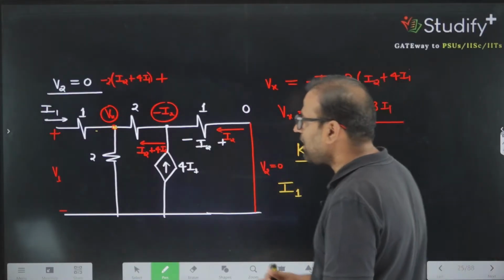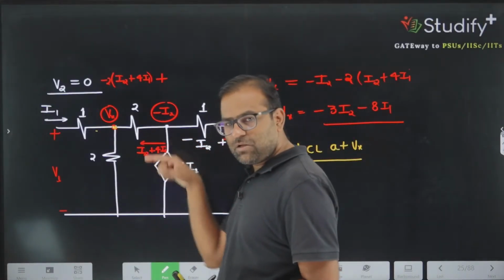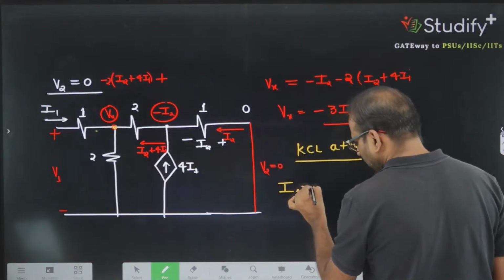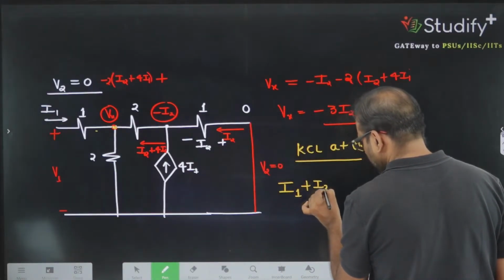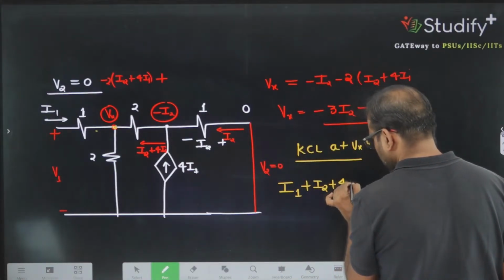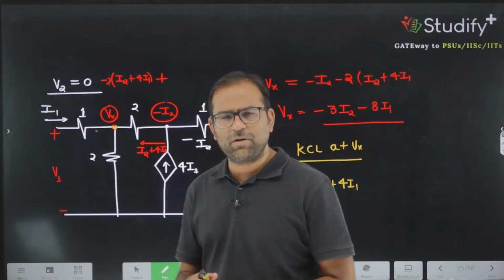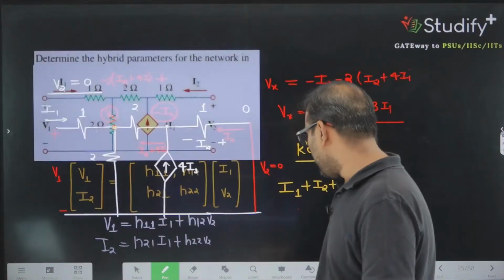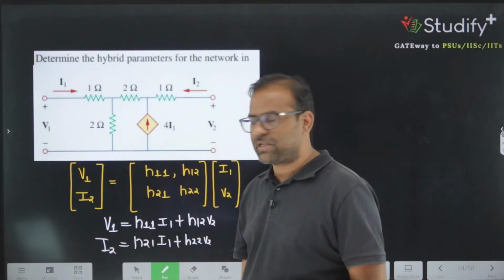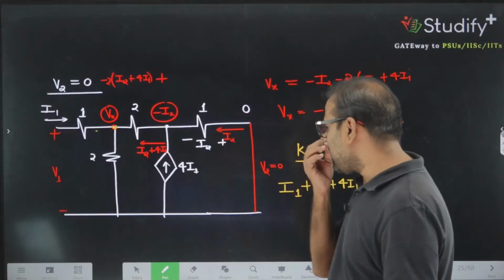One more incoming current to the node is I2 plus 4I1. Correct? Why are we writing everything in the form of current? Because we want the ratio of I1 and I2, because the I1 and I2 ratio will give you S21. And what else are we interested in?